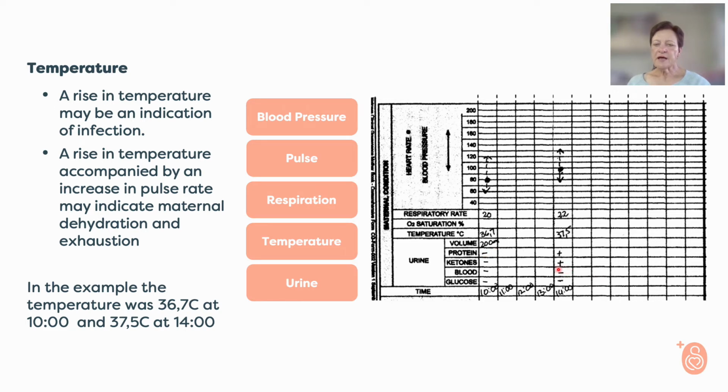But these ketones, together with the increase in temperature, although it's still a normal temperature, might be an indication for us that this patient is suffering from dehydration and ketoacidosis, as I've said. So here in the temperature, how to record the temperature is we just write it in the specific blocks.